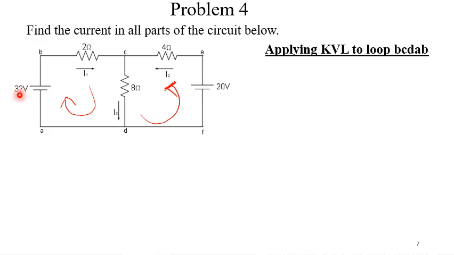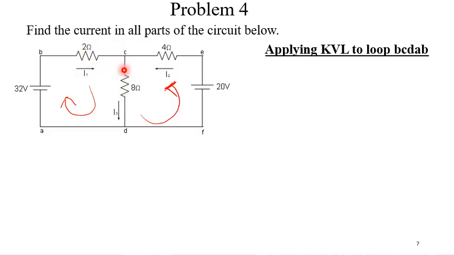So writing KVL for this first loop, KVL says sum of voltages in a closed loop is equal to 0. I'm going to write it in the two ways that they stated it. So we know that this is the voltage. We know that this is also a voltage drop, but when we multiply I times R, it becomes a voltage drop.